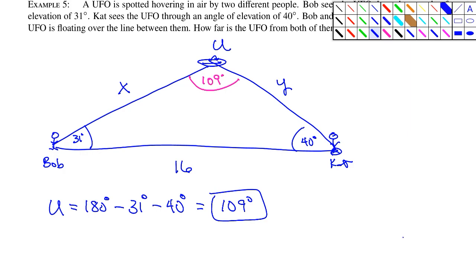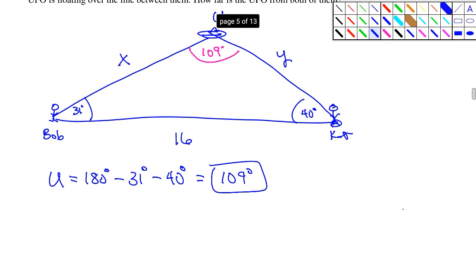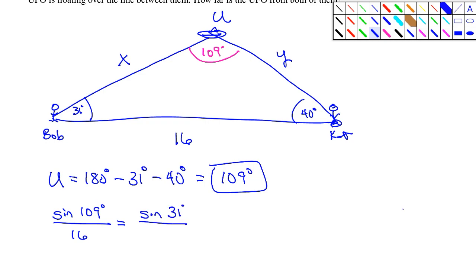Next, let's find the distance from the UFO to Kat. So we're going to use the sine of 109 degrees divided by 16 is equal to the sine of 31 degrees divided by y. Now remember, if you're looking for y, then the angle you have to use is the angle opposite y in the triangle. That's the 31 degrees.